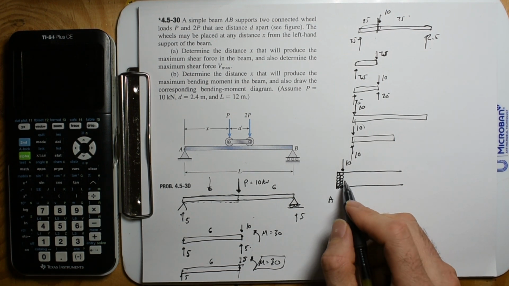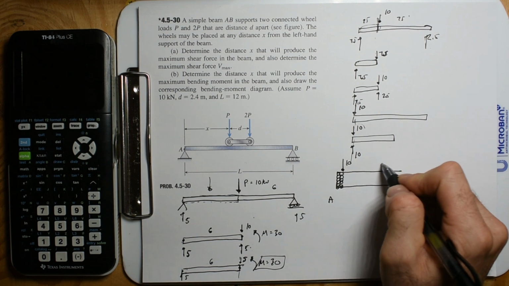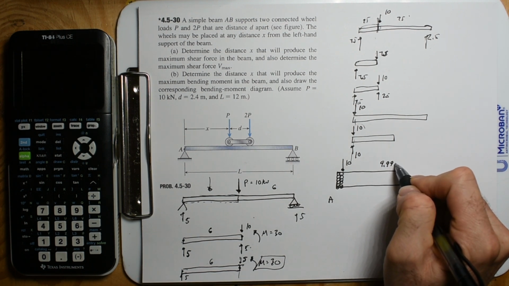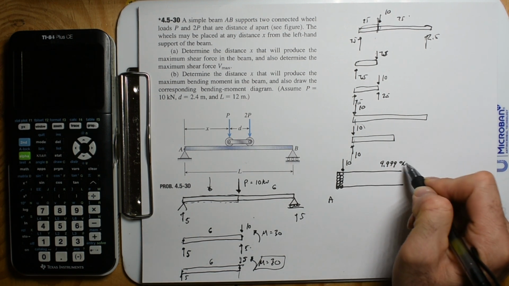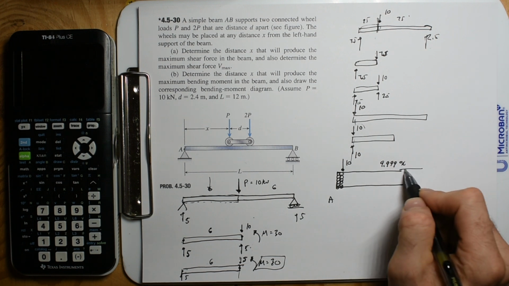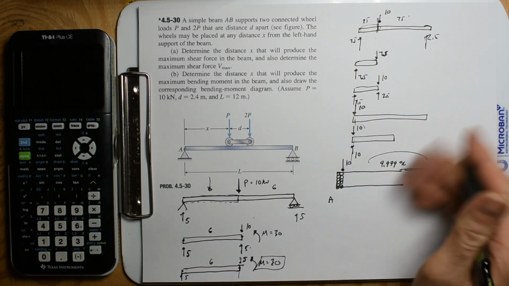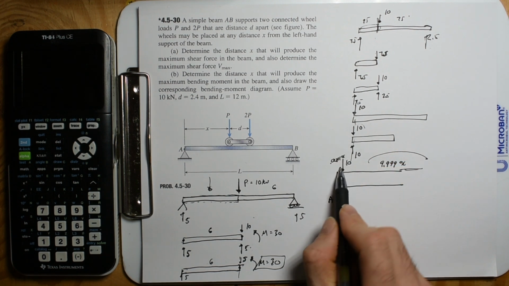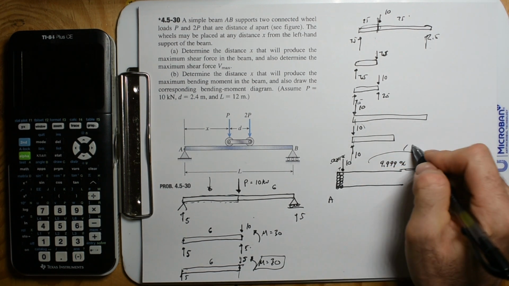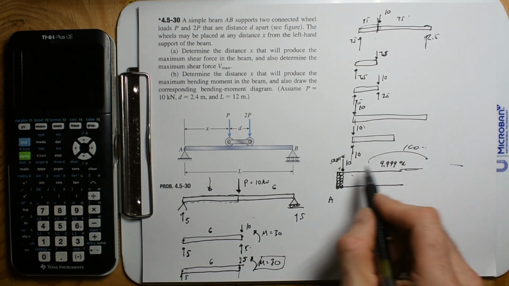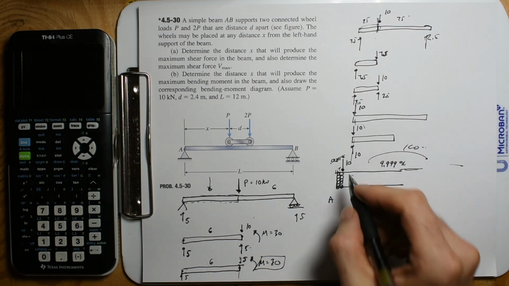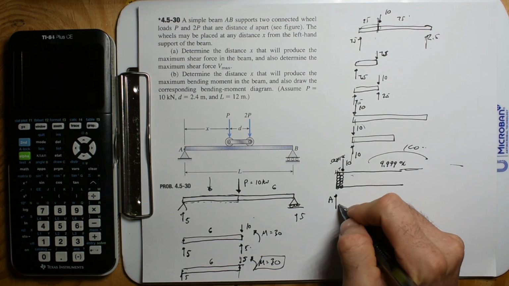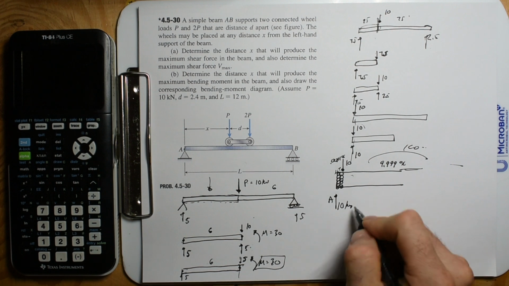And so just for intensive purposes, 99.99% of the length is over on this side, almost 100, and then there's just 0.0001% over here. So basically 100% of the length is over here, 0% of the length is over here. So technically A still will have 10 kilonewtons on it.